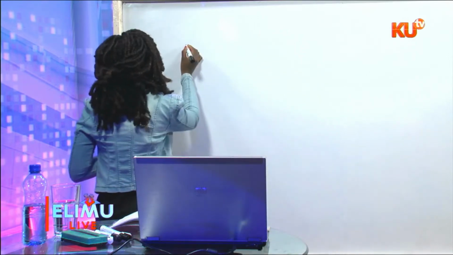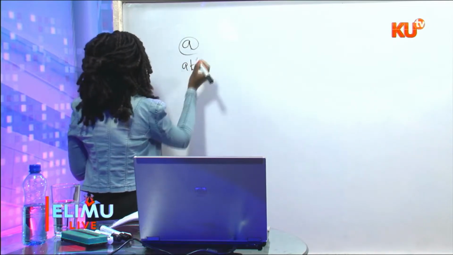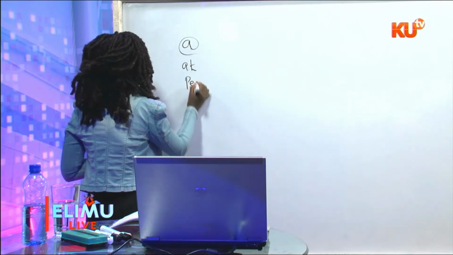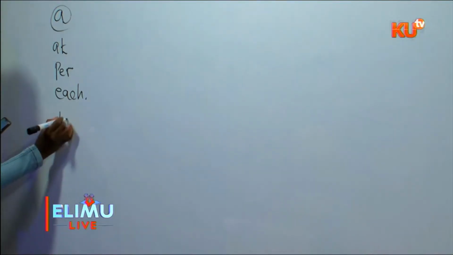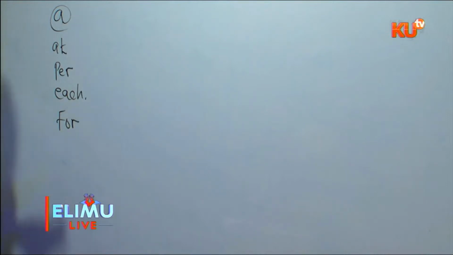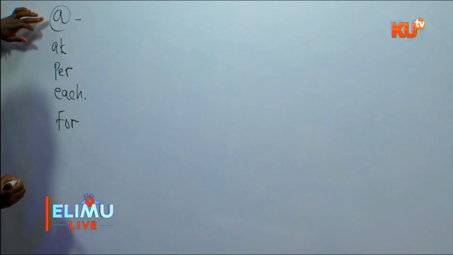We have this sign, we have at, per, each, and then we have for. These are some of the symbols that we come across any moment you are calculating the bills. So this sign here, we read it as at.